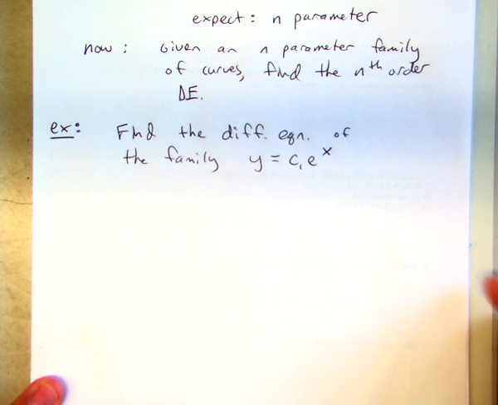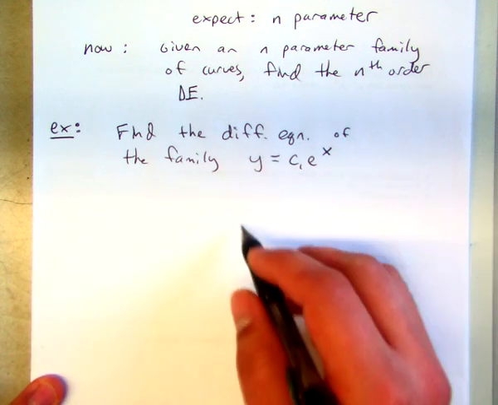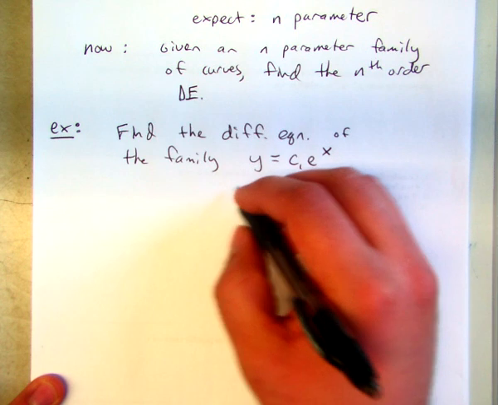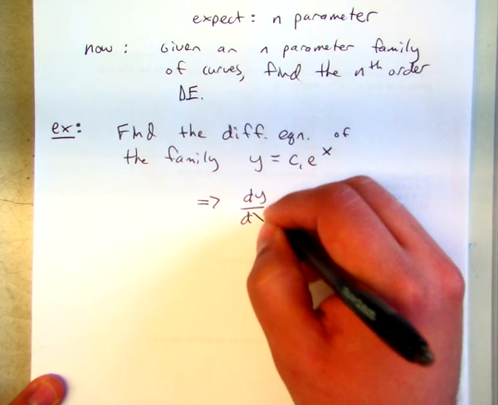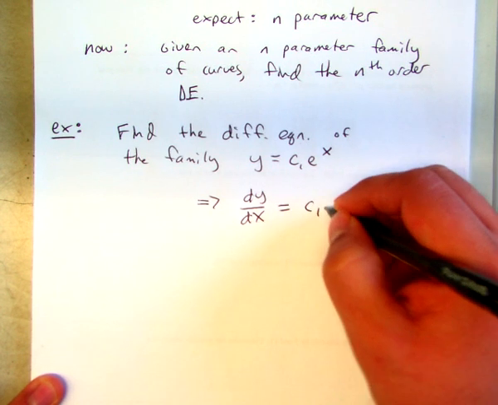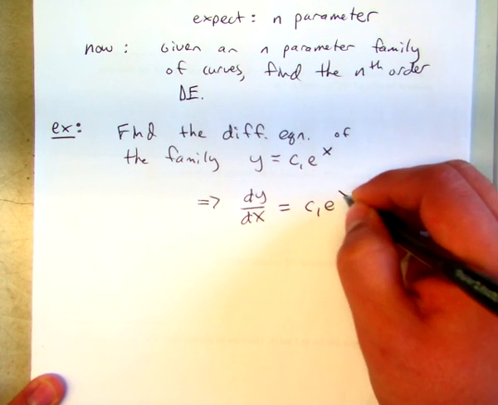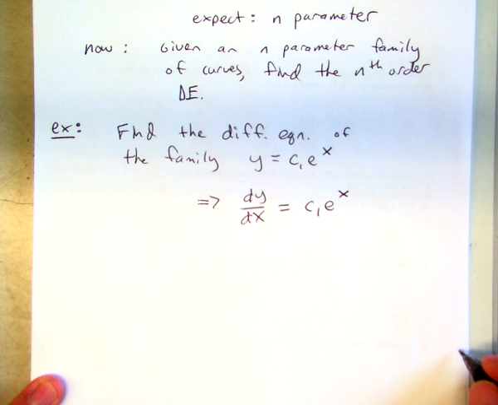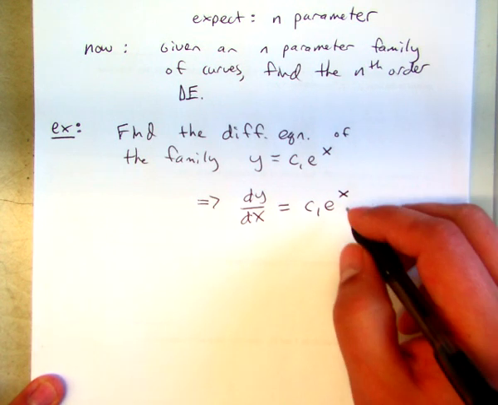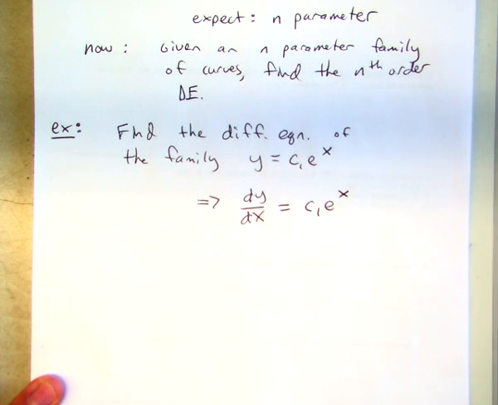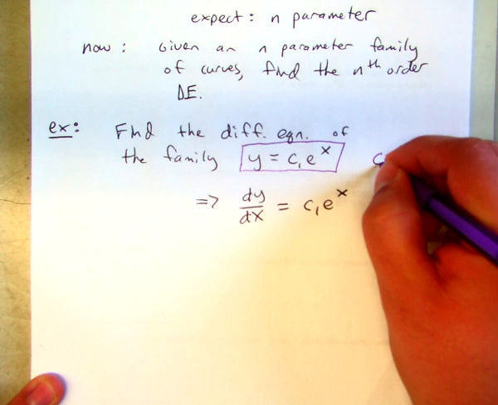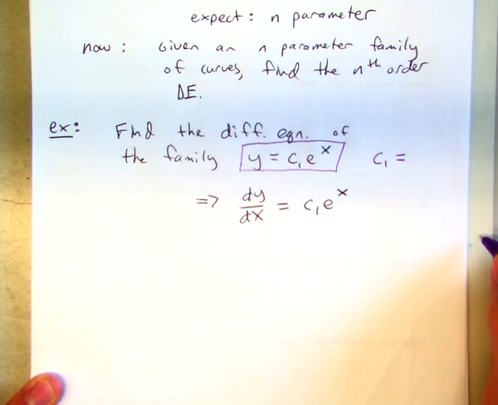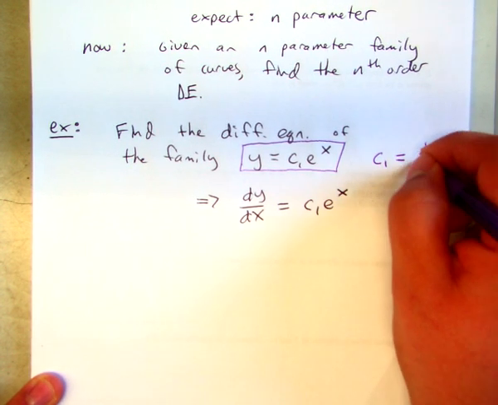Okay, so the idea here is, if we differentiate both sides, we introduce our differential dy/dx on the right hand side, which is c1 e to the x times dx/dx, or 1. And now, from here, take the original equation. What's c1 going to be? y over e to the x.